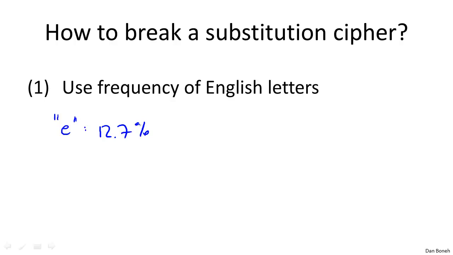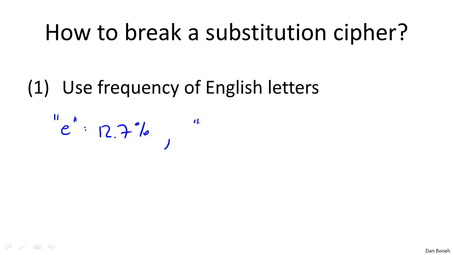So I'll look at the ciphertext you gave me, and I'm going to count how many times every letter appears. Now, the most common letter in the ciphertext is going to be the encryption of the letter E with very high probability. So now I'm able to recover one entry in the key table. Namely, now I know what the letter E maps to.